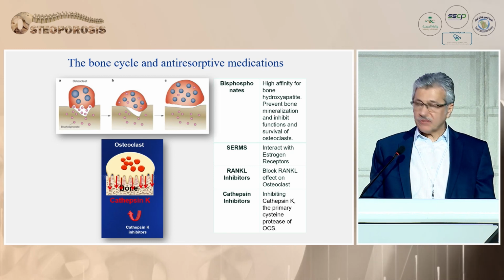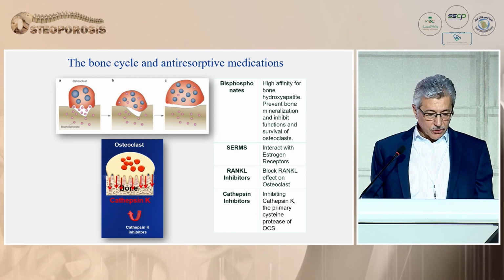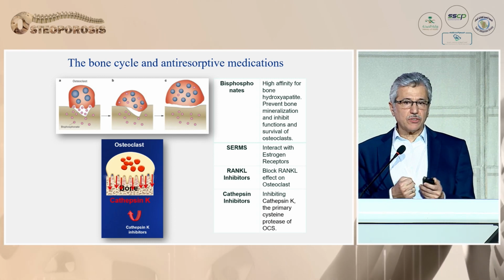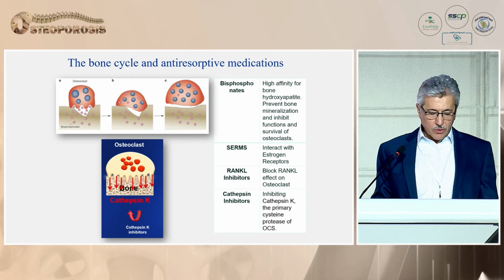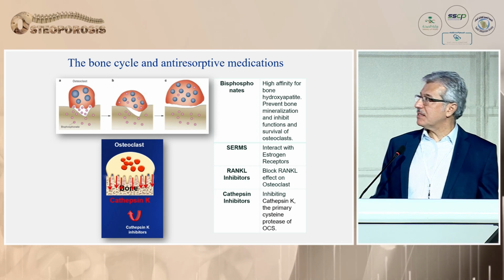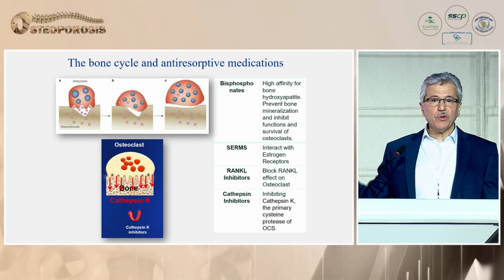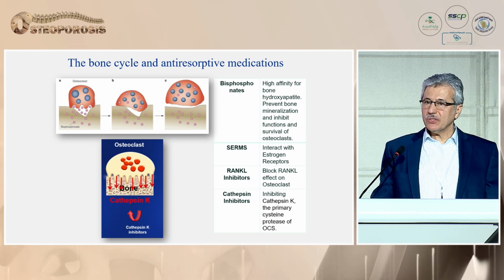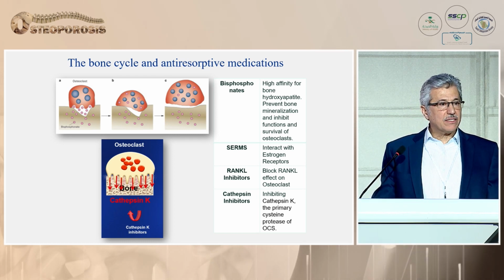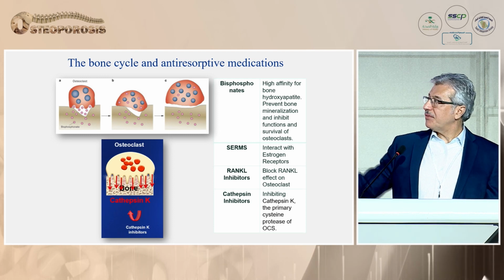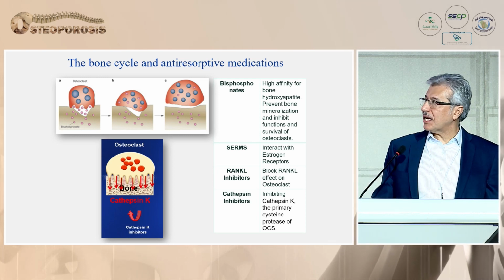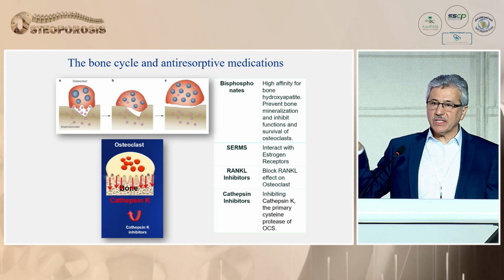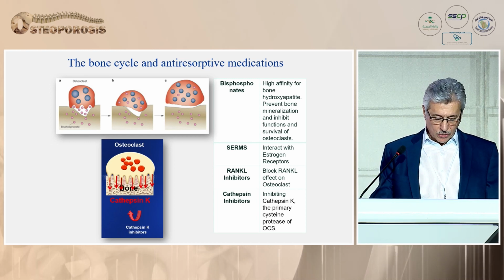So starting with bisphosphonate, as you see on the upper picture, bisphosphonate gets a very good adherence to the matrix of the bone, to the mineral of the bone, and then it gets released, and by releasing it can poison the osteoclast, causing apoptosis or death of the cell, and it stops it from functioning. Therefore, as you see in the last picture on the right side, the osteoclast is not able to dig that pit in the bone.